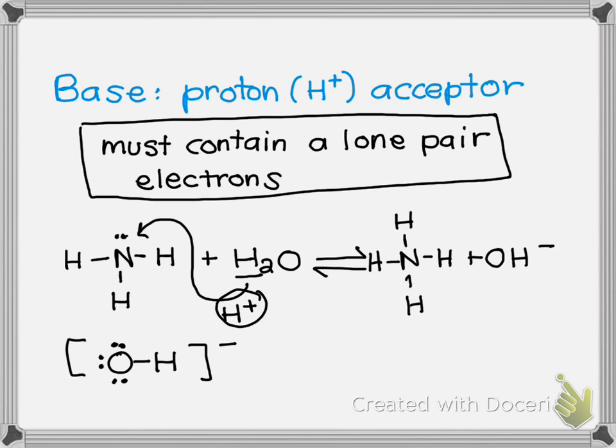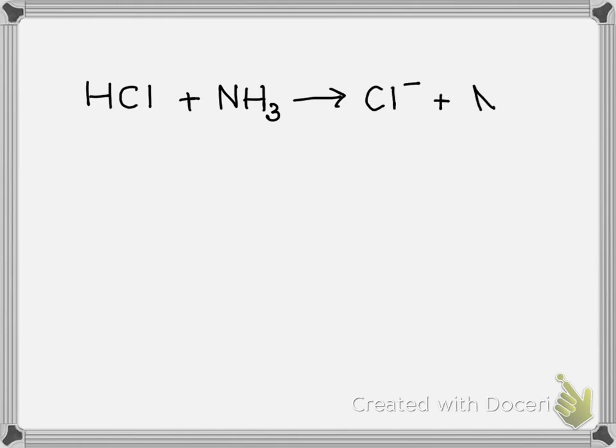So let's look at a reaction and see what happens with these two things. So let's say we have HCl and ammonia together. If we looked at their reaction, and you do not have to predict what would happen here, this would be given to you.